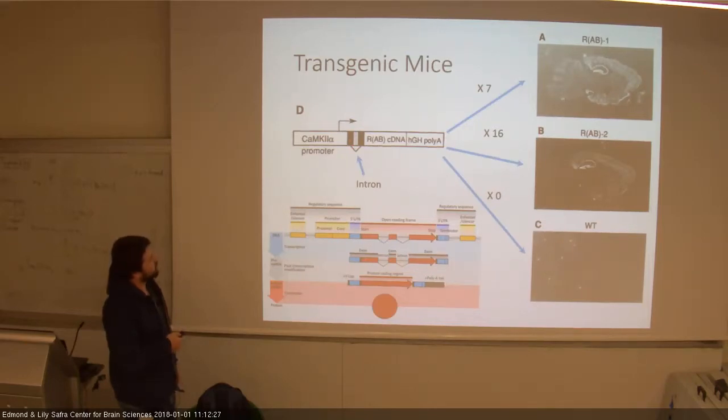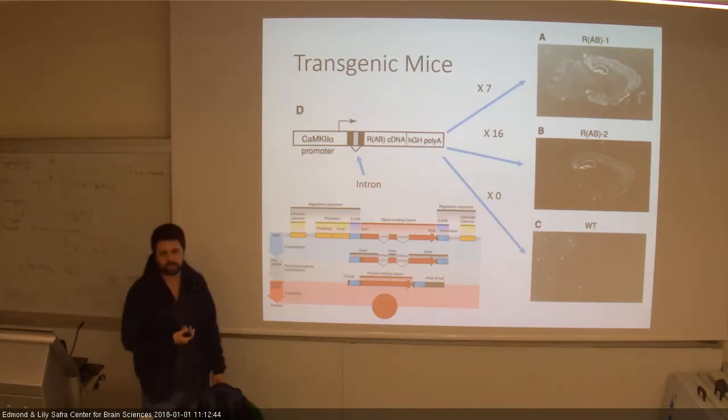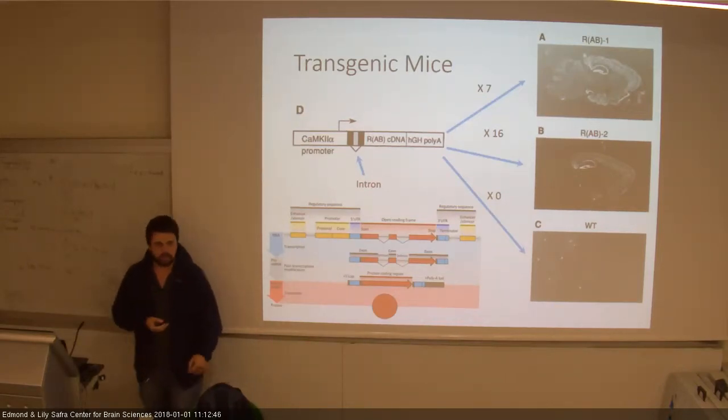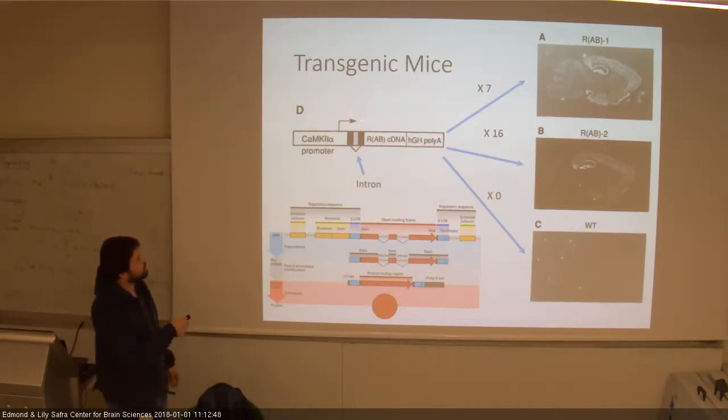And nowadays there are cleaner ways to do this manipulation, but it's more or less the same principle. So they use the CAMK2A promoter, then they put an intron here. Do you know why they put an intron here? I can tell you that this is a fragment that's not needed. This is going to be cleaved out.